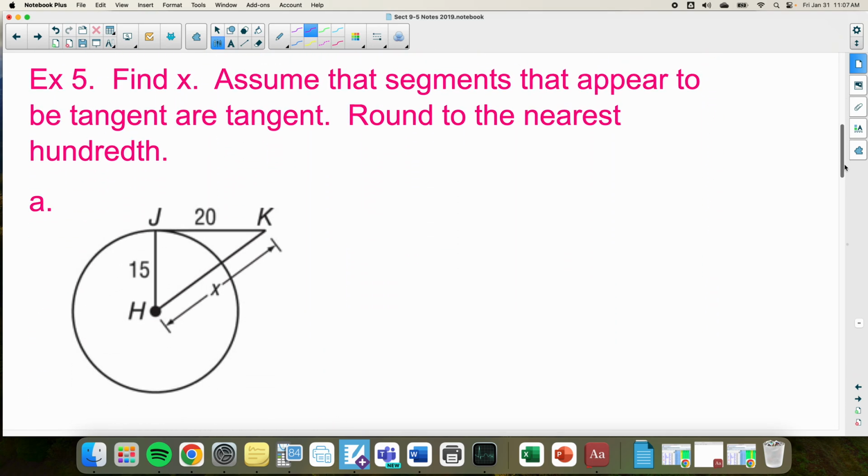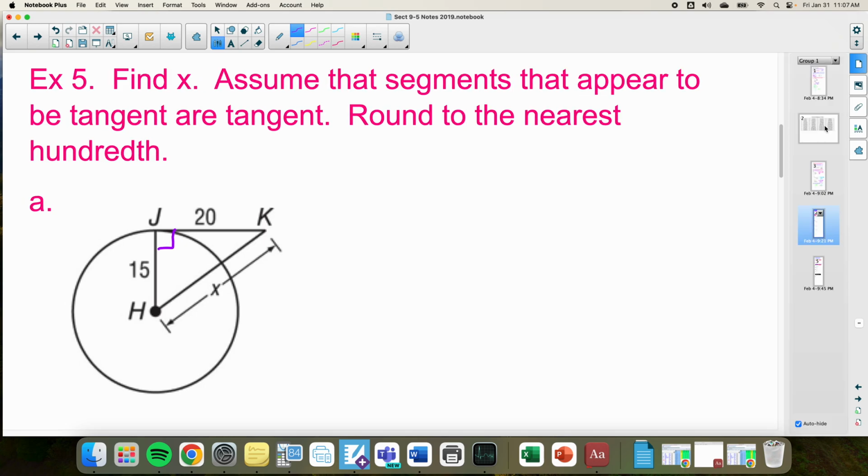Now, this one is telling us they're tangent, so we know that there's a right angle here, okay? And they're asking us to find x. Now, this first one, can I use the Pythagorean triple sheet for that? Is a 15, 20, and then something, is that a Pythagorean triple? Yes.